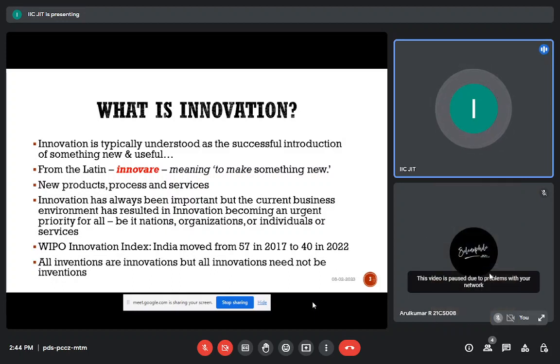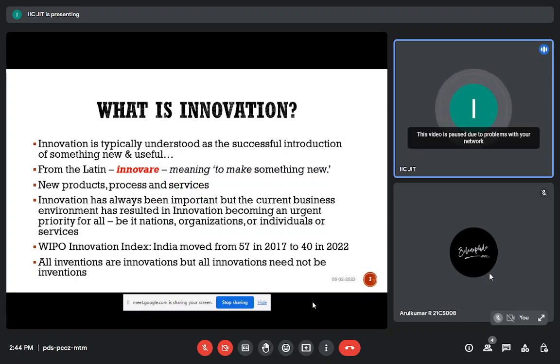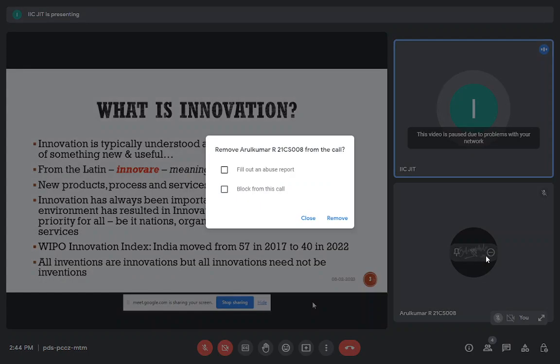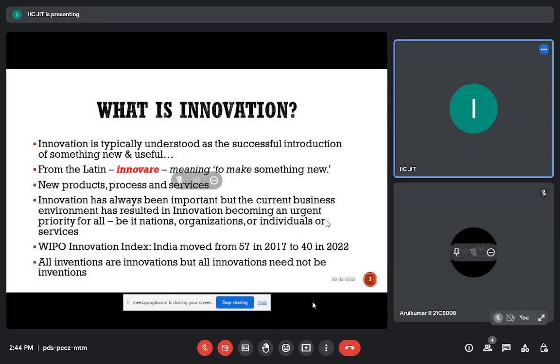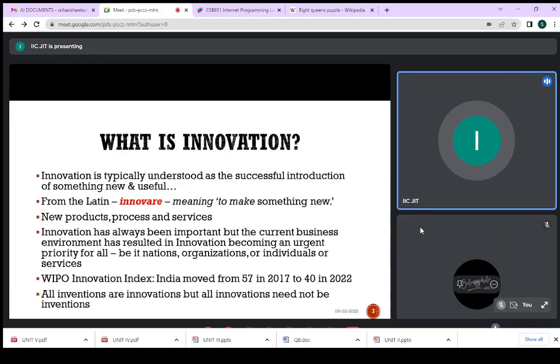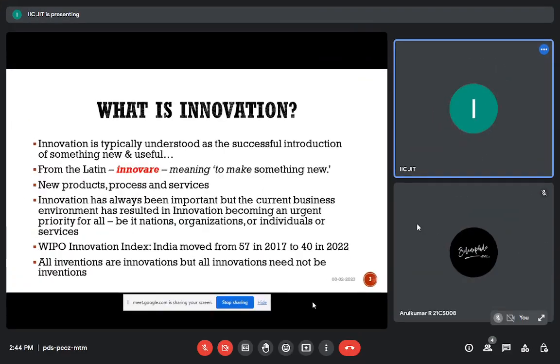So innovation can be new product, new process, new service. But the world can only move forward if we have innovation. We do not know when the next pandemic is going to hit us.